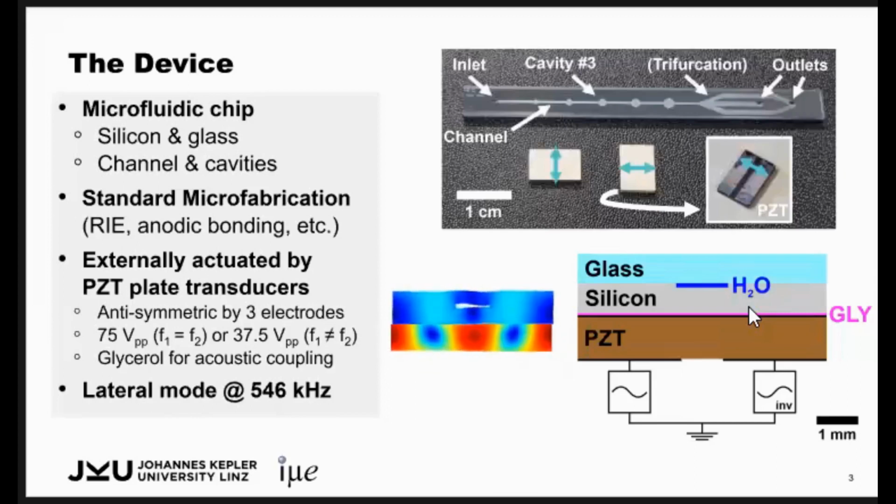And so we could decide on frequency where the particles will be trapped. And in this case, we only had trapping in cavity 3 because only there the resonance of the piezo also matched the eigenresonance of a cavity. So if you want to have trapping at other cavities, you may have to use different sized piezo plates.